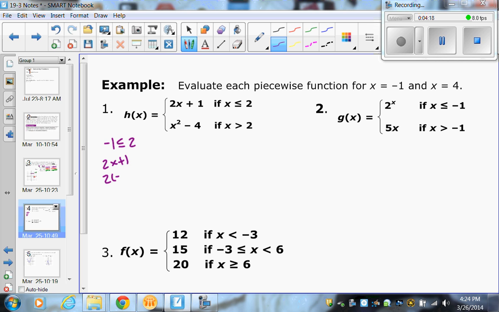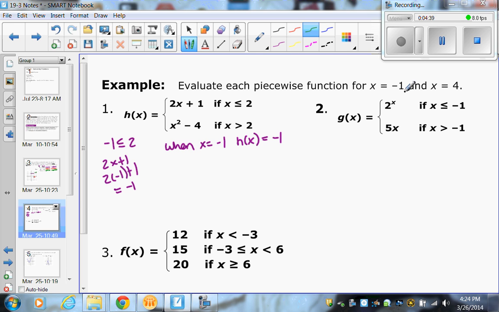That gives me 2 times -1 plus 1, which is -2 plus 1, which is -1. So when x equals -1, h of x equals -1.